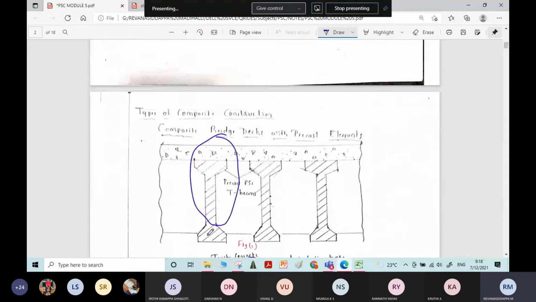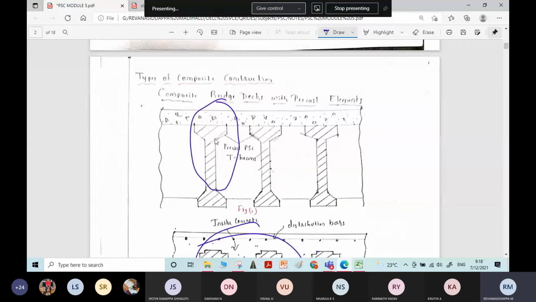In case of unpropped construction, these precast elements will be designed in such a way that they will resist the placing of cast in situ concrete, the placing of the formwork and the labour load.